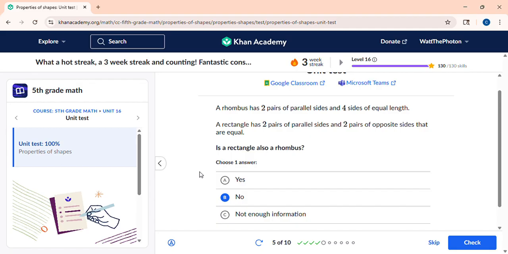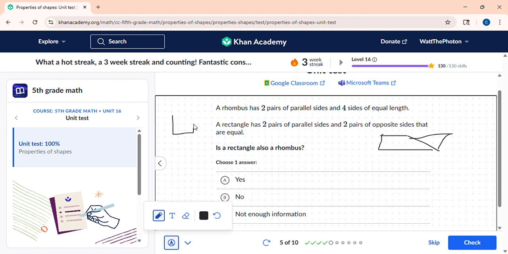It could be. I don't think there's enough information. A square could be. A square is a rhombus. But then this is not a rhombus.